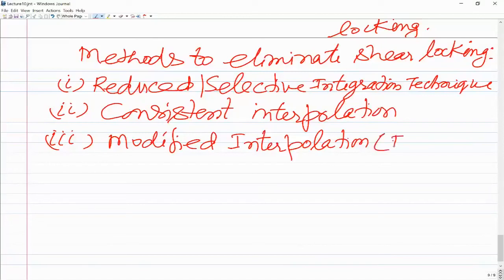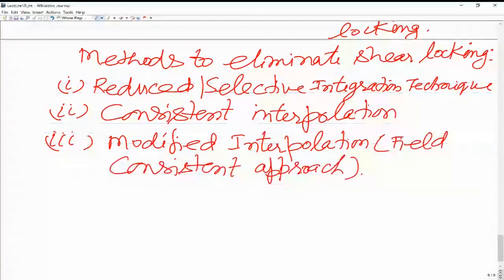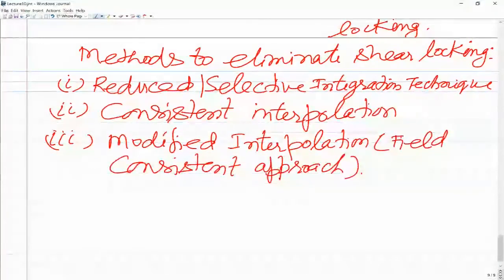This is also known as the field consistent approach. So these are the three techniques, and I will be discussing these in detail in the subsequent lectures. I want to stop here, and if you want to ask any doubts and questions, you can ask.